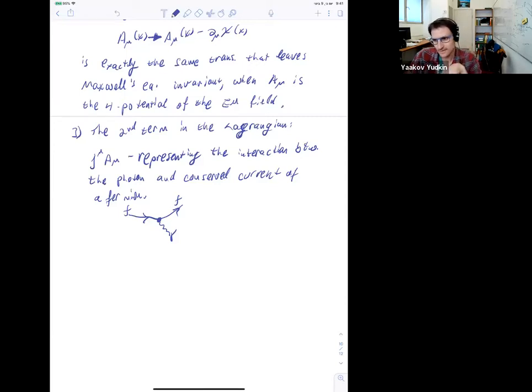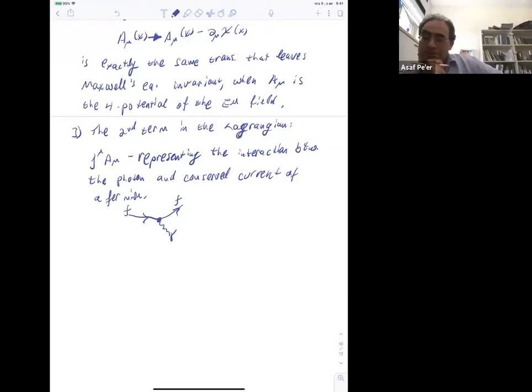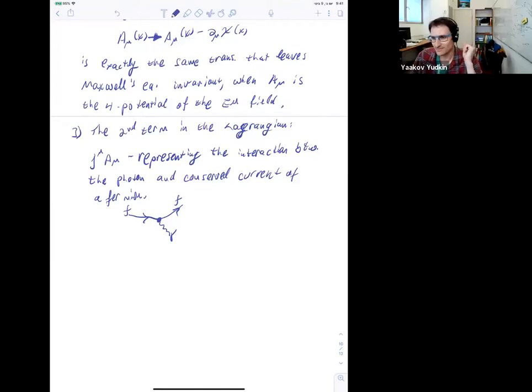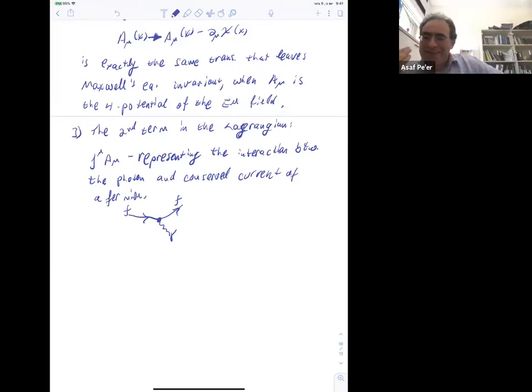Then you realize that the mathematical properties of this arbitrary field are, by coincidence, precisely the same as those of the vector potential from E&M. Exactly. This is kind of a happy coincidence. I'm not very satisfied by coincidences, but that's a real coincidence.